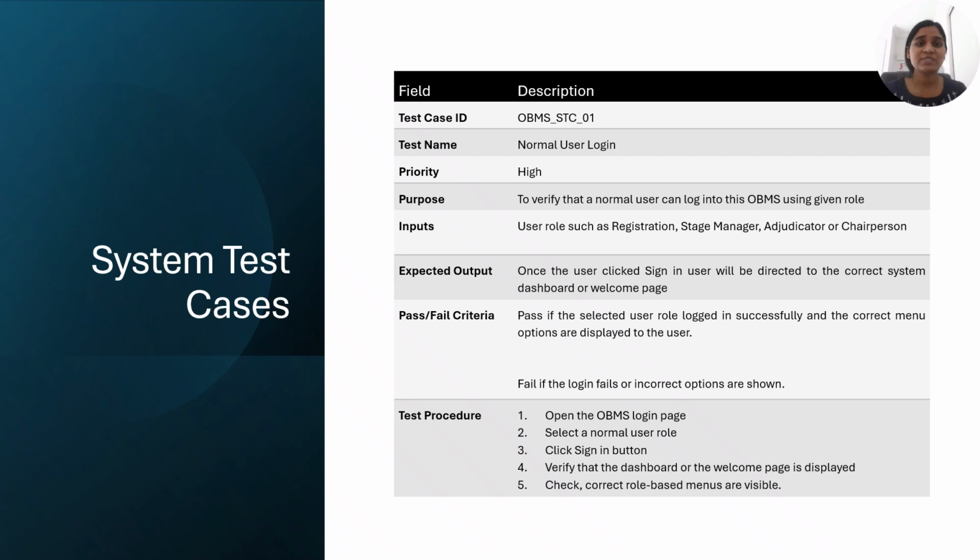The purpose of this test case was to verify that a normal user can successfully access the system using the appropriate role like registration, stage manager, or chairperson. The test case included the required inputs, expected outputs, pass-fail criteria, and step-by-step testing procedures. The expected result was that the user would be redirected to the correct dashboard or welcome page with appropriate role-based menu options displayed.